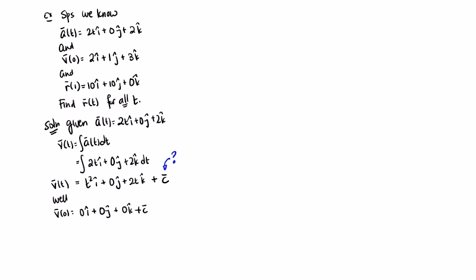That's coming from there. But I also know that v of 0 is 2i plus 1j plus 3k. So this is an equation that lets me solve for c. In this particular case it's really nice because there's nothing but zeros on the left, so it explicitly tells me what c is.